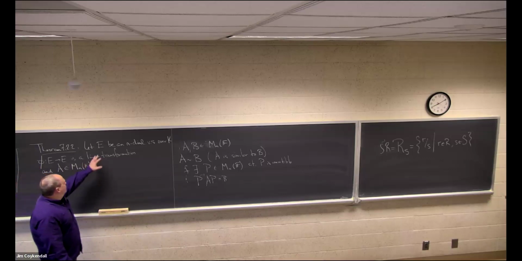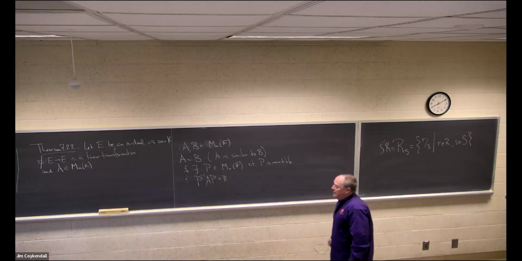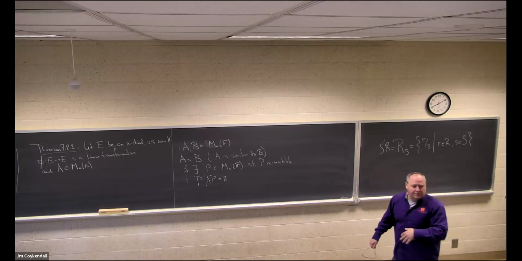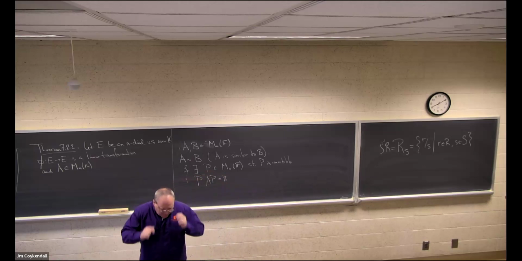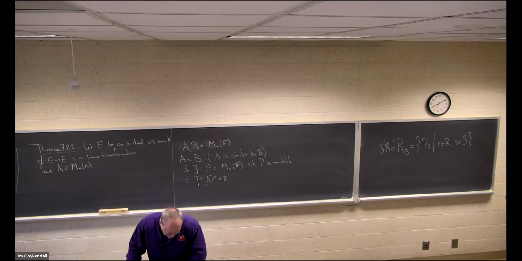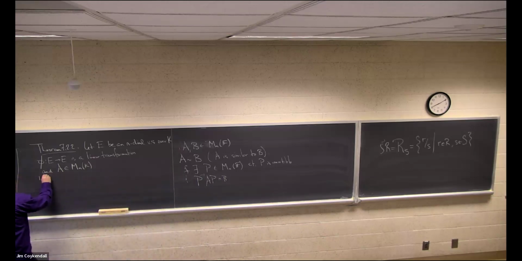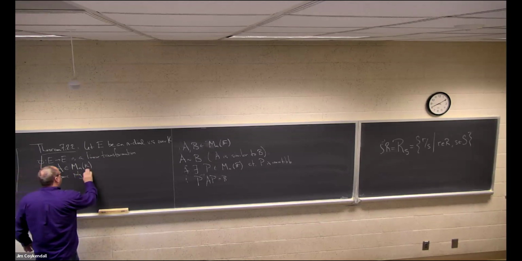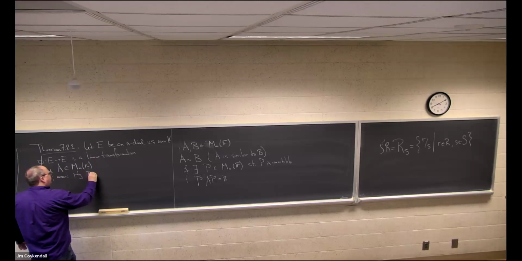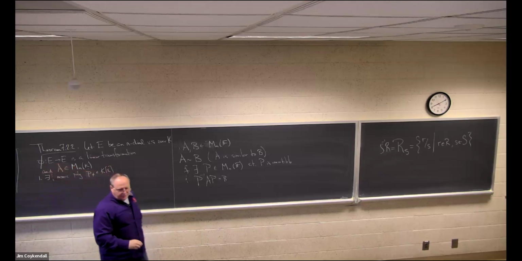So we have some finite dimensional vector space, n-dimensional over K, some linear transformation phi, and some A here. Here's what I want to say about this. Number one, there is a unique monic polynomial, we'll call it P sub phi, in K[x].